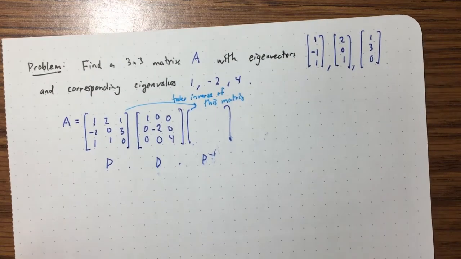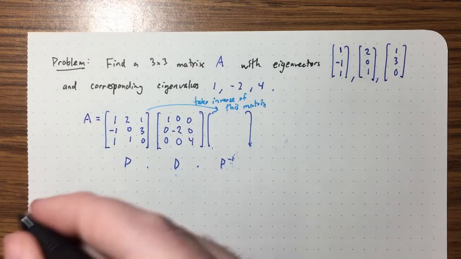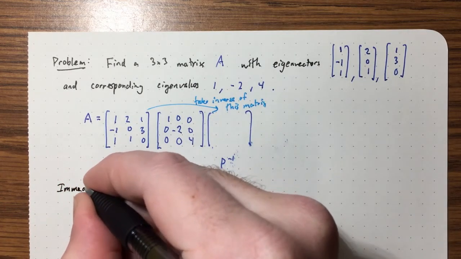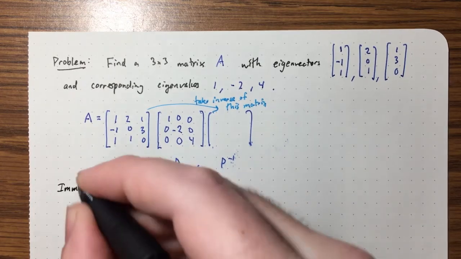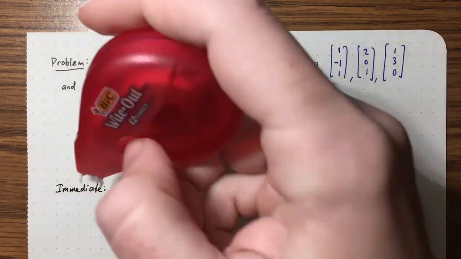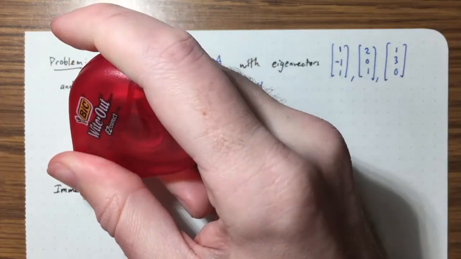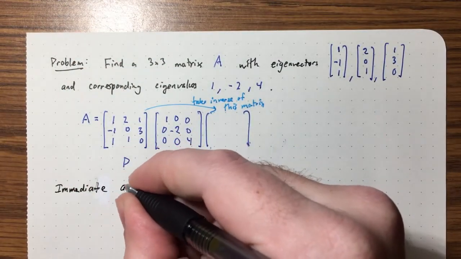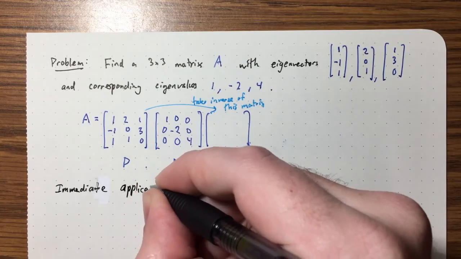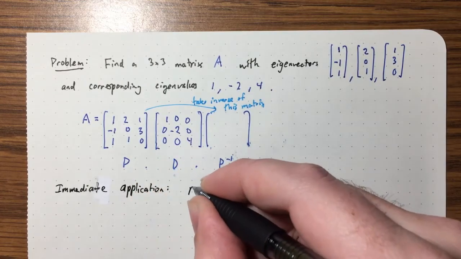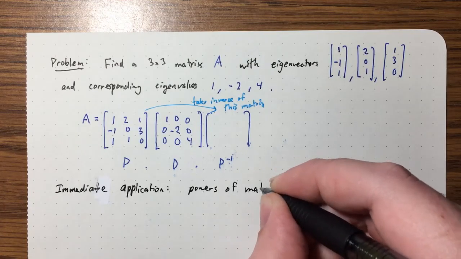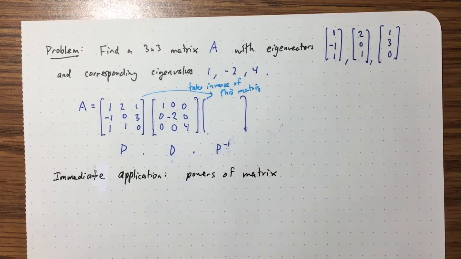In the next lecture, I'm going to talk about an application of this. It's very important, but I'll just introduce it right now. It's an immediate application of what we did. We're going to be able to take powers of a matrix really quickly, as long as the matrix is diagonalizable.